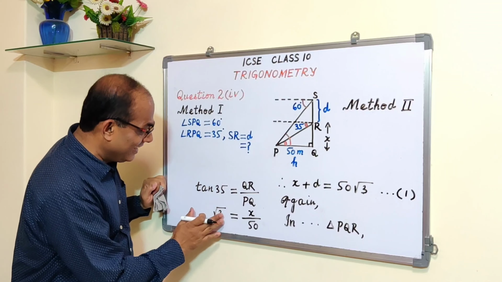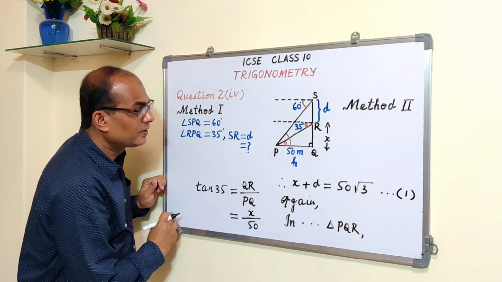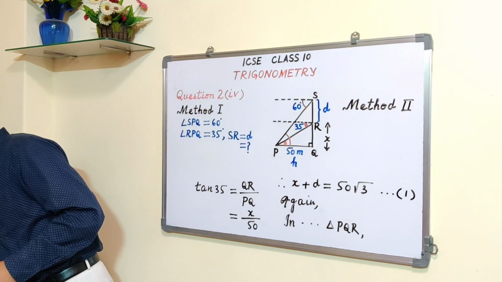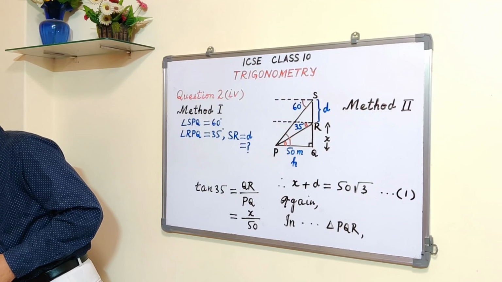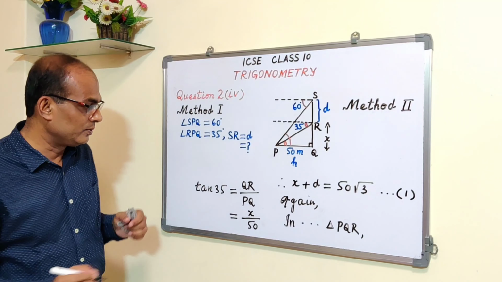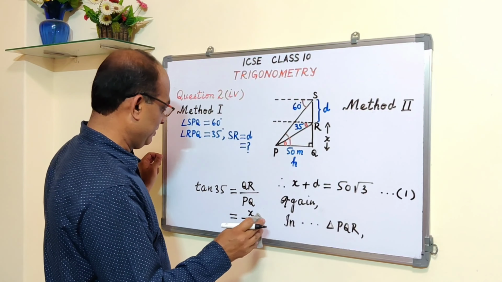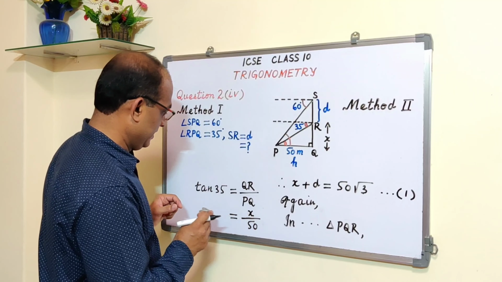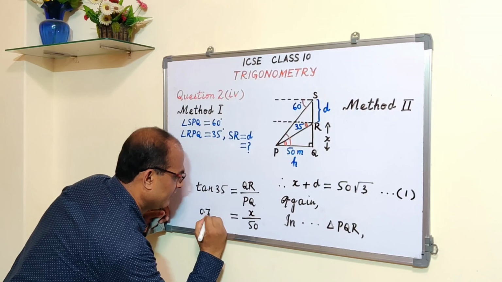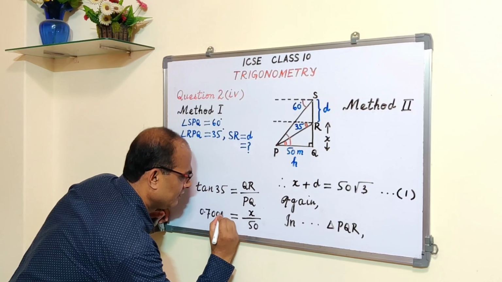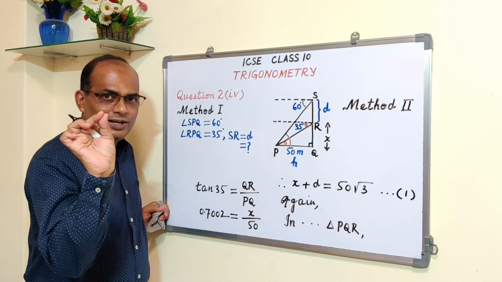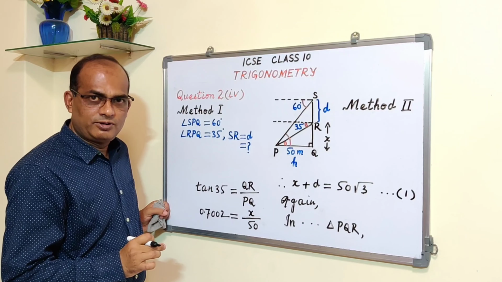And how much is tan 35? That value I tell you. Tan 35 is 0.7002. This is the value of tan 35; you see it from the booklet, which will be given to you.